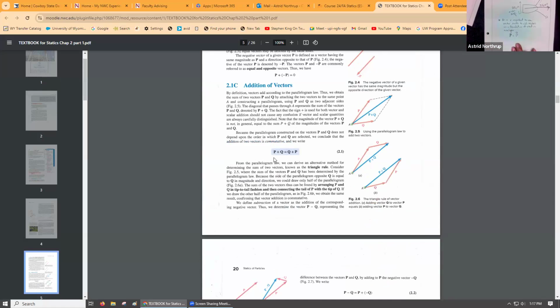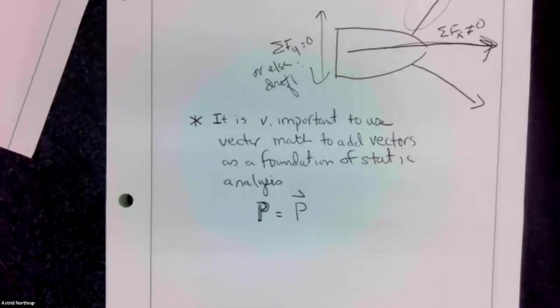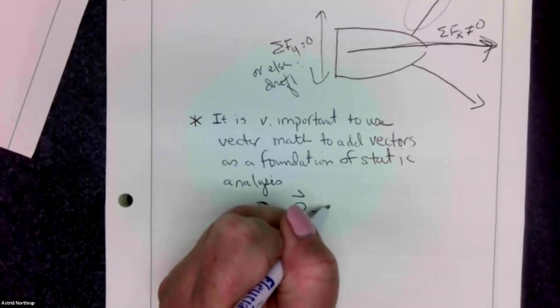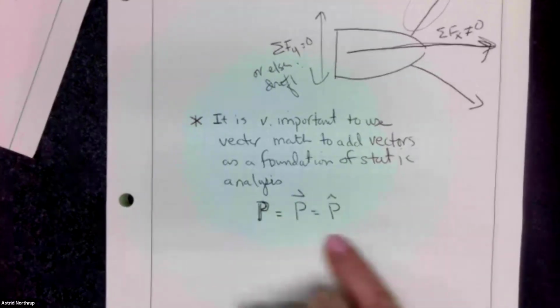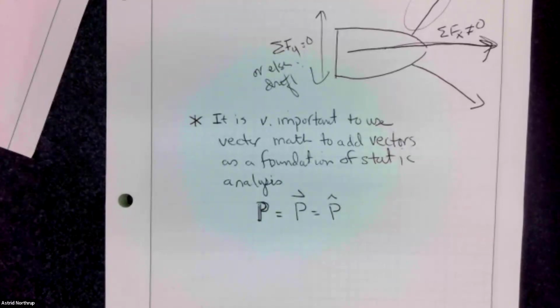So for example, bold P means the vector P. Bold Q means the vector Q. I can't do that. It's very difficult for me as I'm writing notes really quickly to bold letters. So I just use this instead. Or occasionally there's another symbol that you can use like this, but those all mean the same thing in my shorthand.